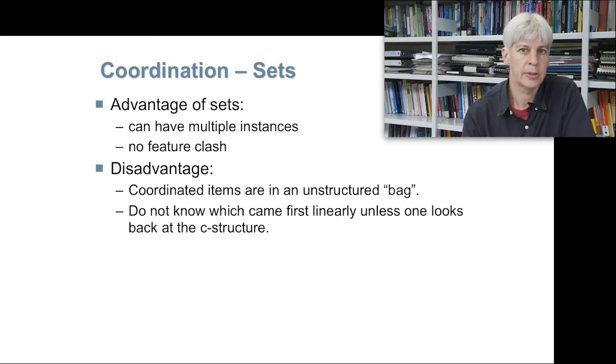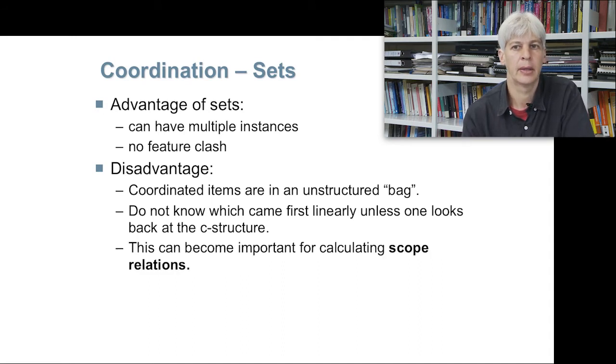It is possible to look back at the C structure via the inverse projection. So there's a projection that goes from C structure to F structure called the phi projection. This is what the annotations instantiate. You can also look backwards from F structure to C structure by inverting that projection. It's mathematically well defined. Implementationally, it's a bit tricky to do.